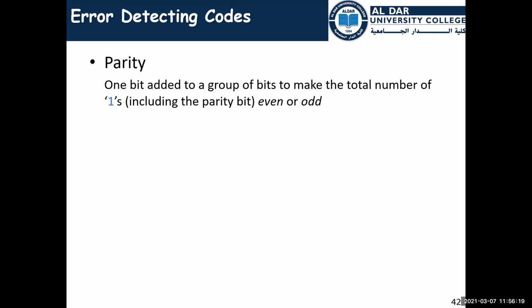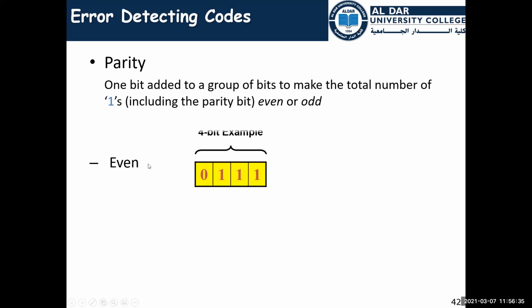There are some kind of error detecting codes depending on the parity. We have two types of parity. We have odd parity and even parity. In the even parity, if we have an example like this, having three ones, this is odd, so we have one.